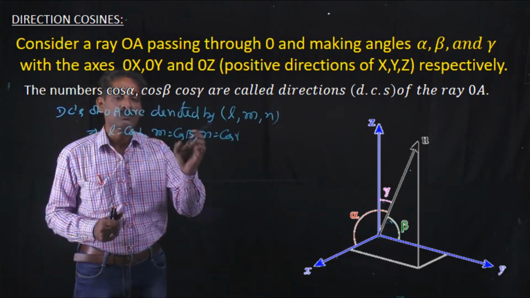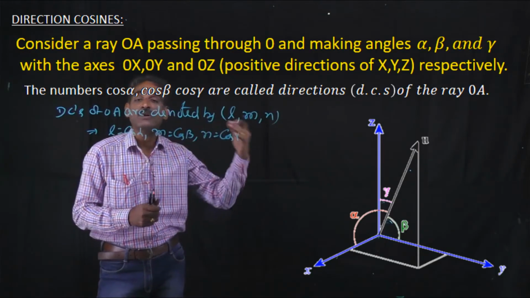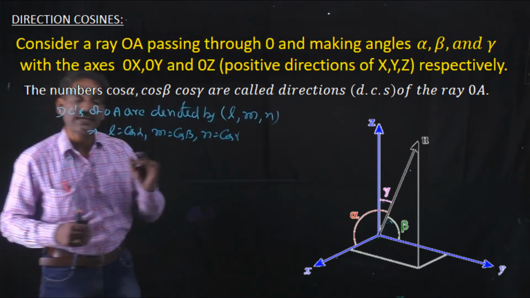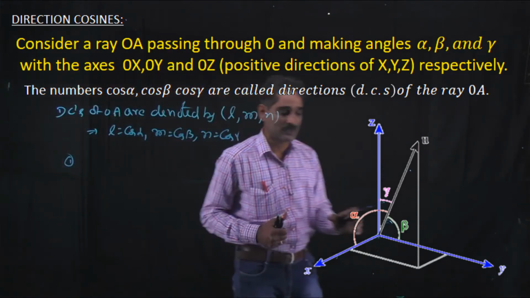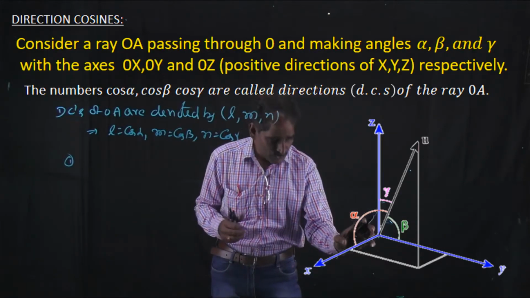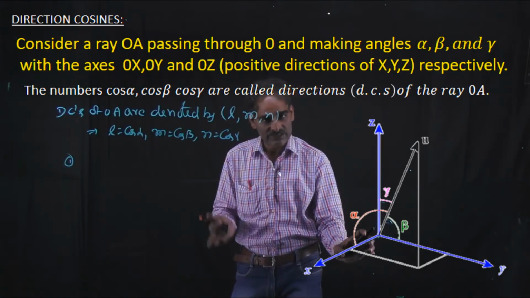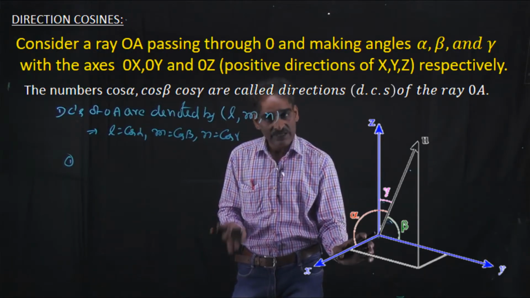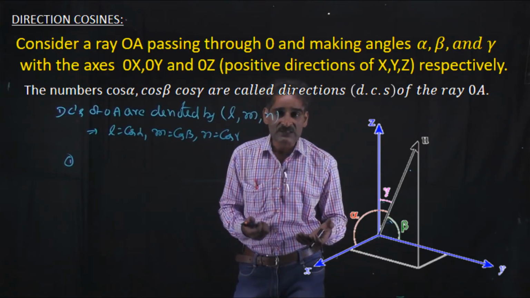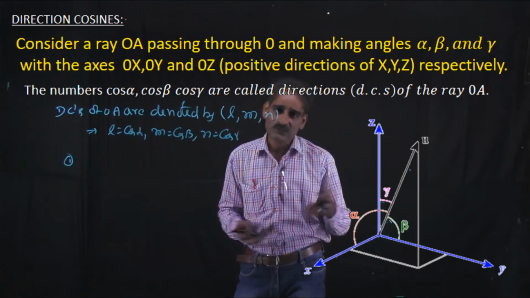That means the direction cosines totally depend upon the angles made by the ray with the three axes. Suppose a ray coincides with the x-axis, what will happen? If a ray lies on the x-axis, the DCs of the ray are nothing but the DCs of the x-axis. How can you find the DCs of the x-axis? If you know the angles made by the x-axis with the three axes, then we can write the DCs.